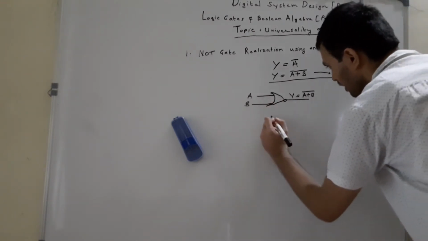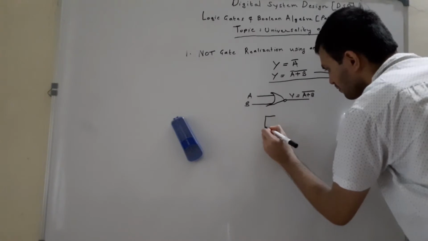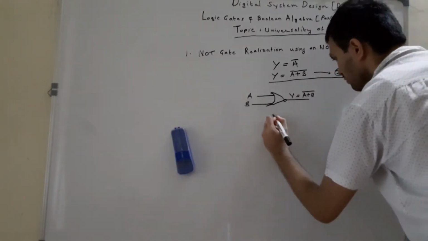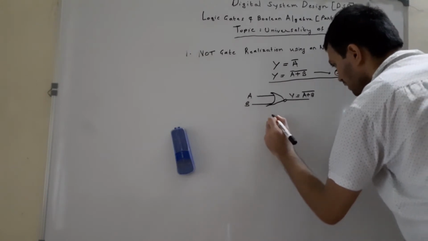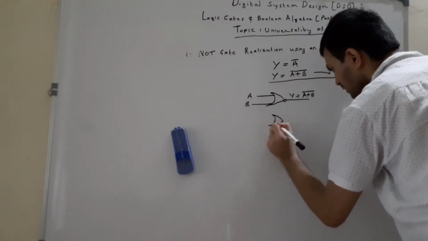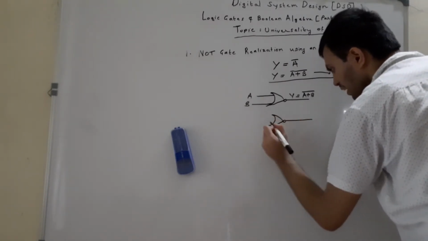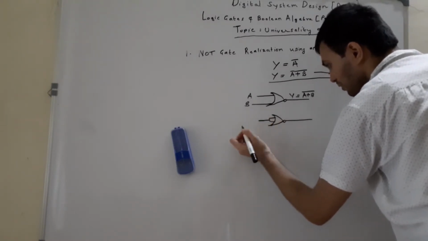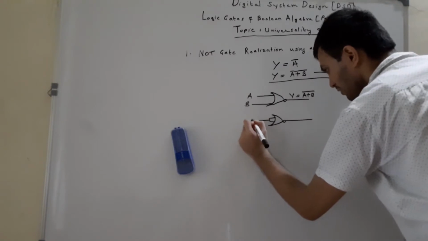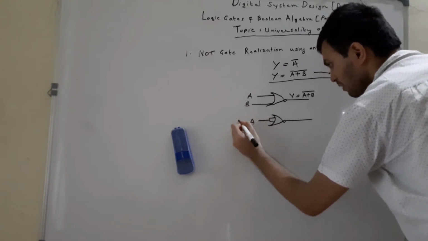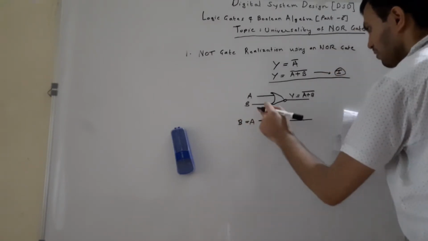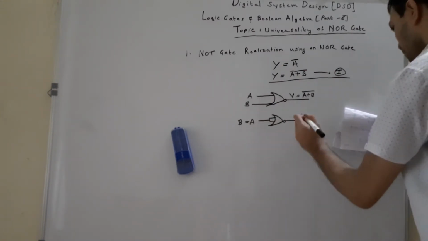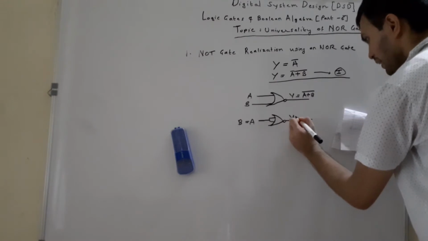Short its two input terminals. So this is a NOR gate as it is, and then we short its two input terminals and give it a common input, such that A is equal to B. Because both inputs are shorted, A is equal to B. Then what will be at the output when A is equal to B?